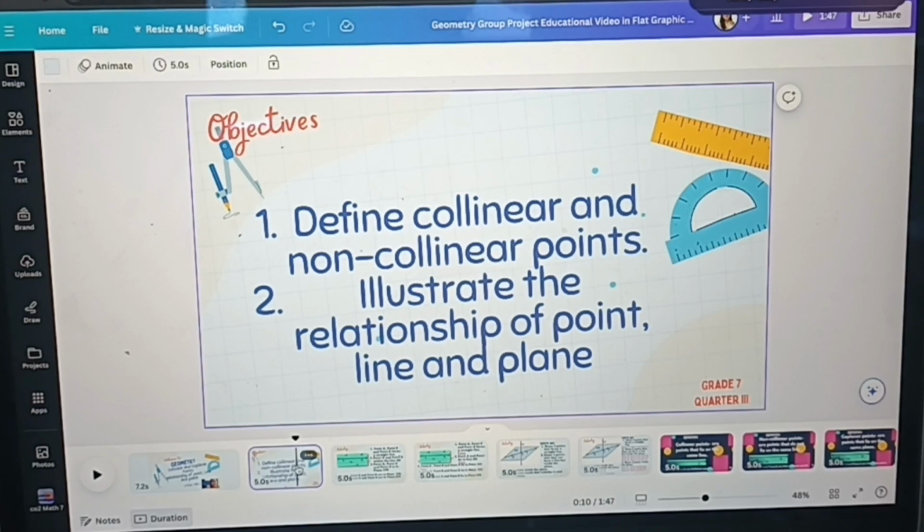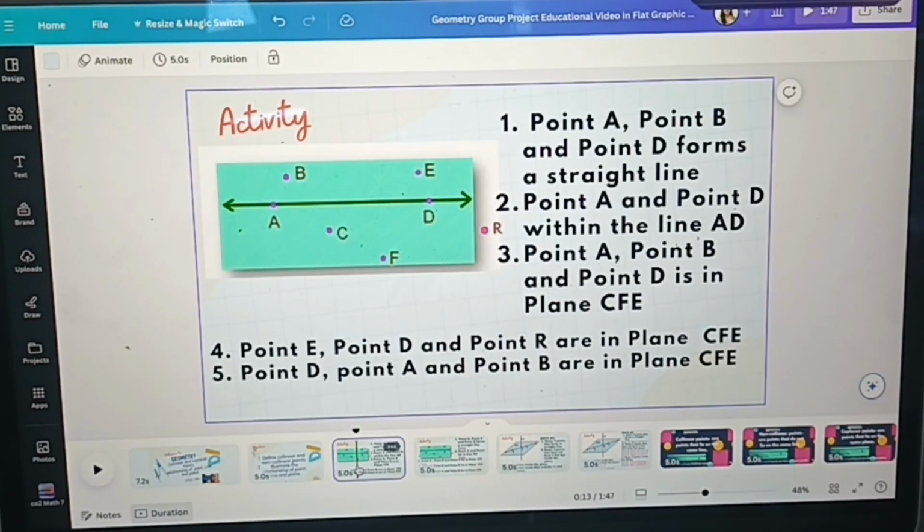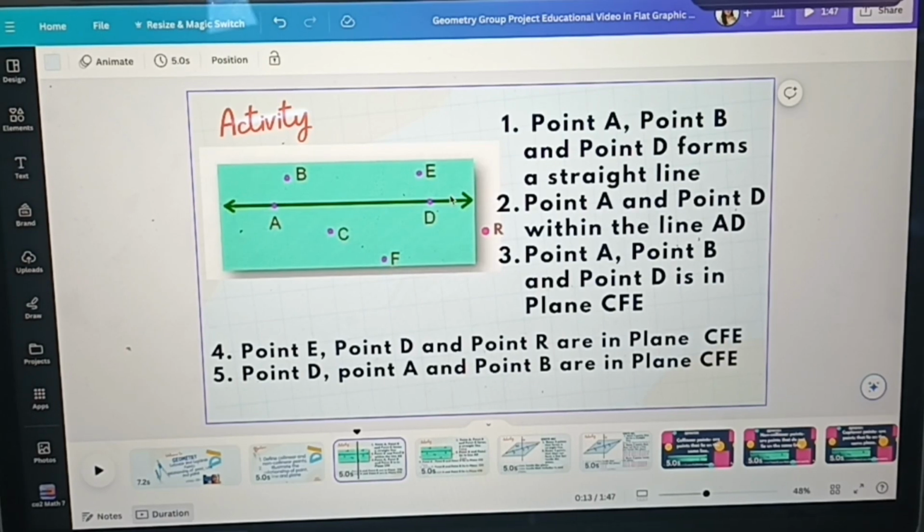So this time we're going to have an activity. We have points: point A, point B, point C, point D, point E, and point F. What you have to do is answer true or false.